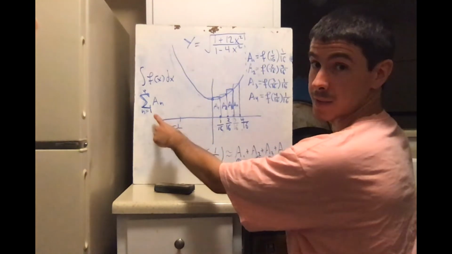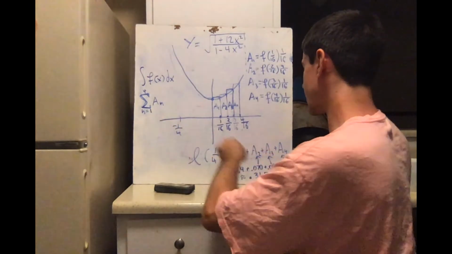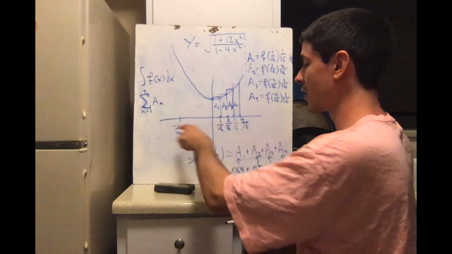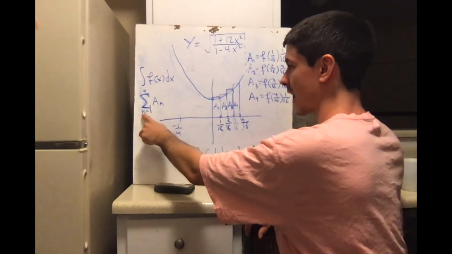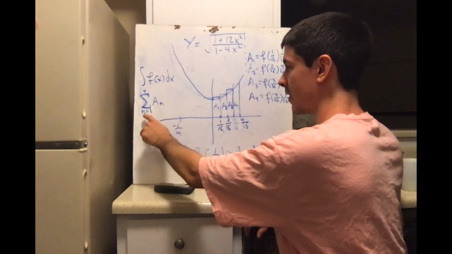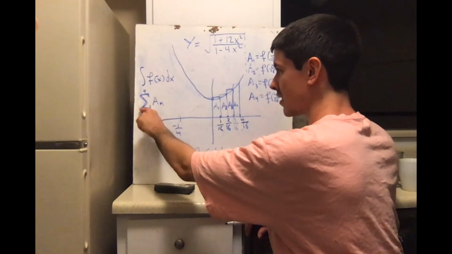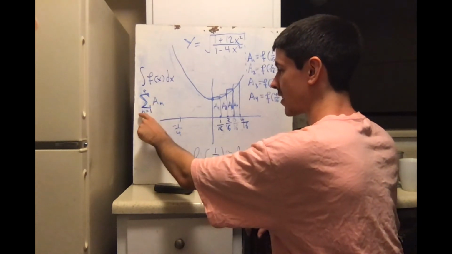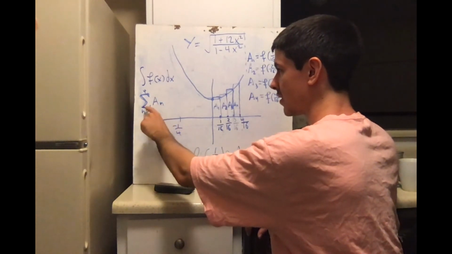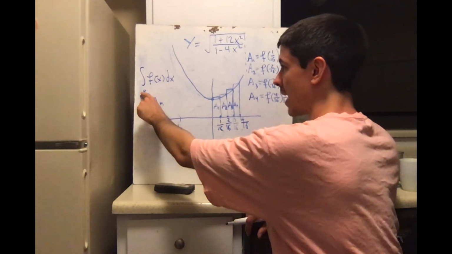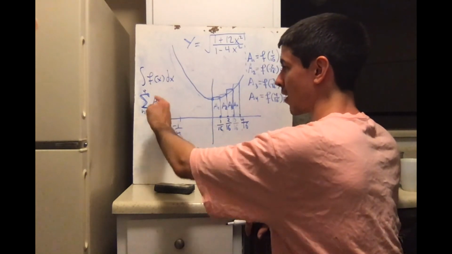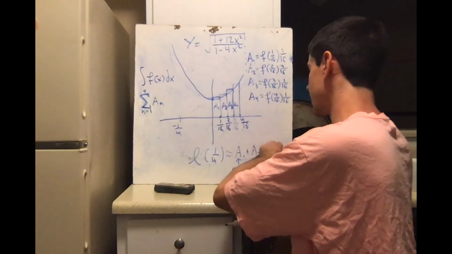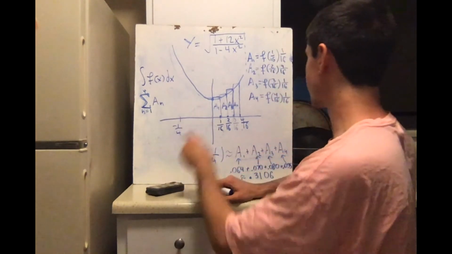This expression right here is the same as a1 plus a2 plus a3 plus a4. It says take n equals 1, a1, then add, since the sum means add together, then add a2, then add a3, but then stop at n equals 4, so add a4. So this is a1 plus a2 plus a3 plus a4, exactly what this is.